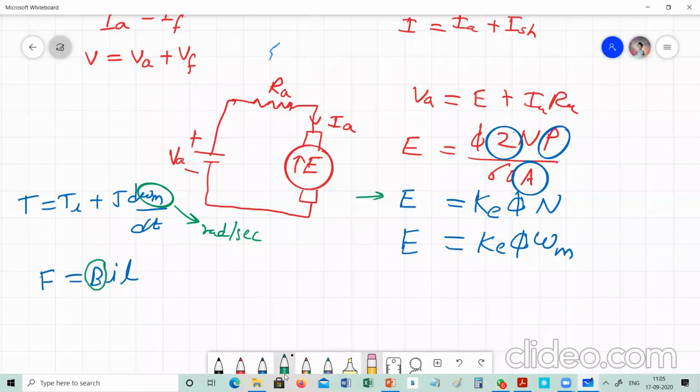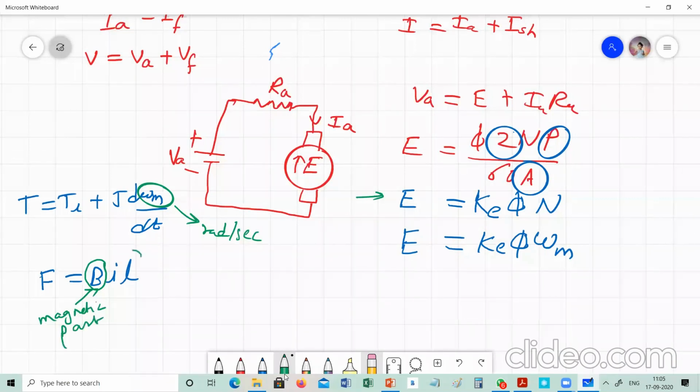This part denotes the magnetic circuit, the magnetic part.